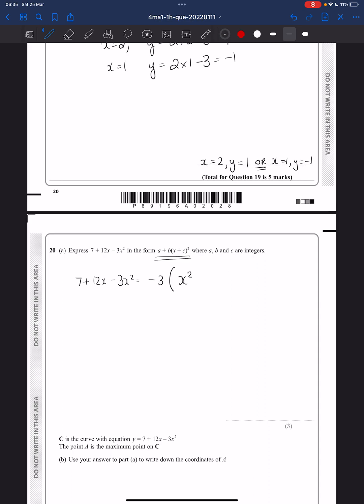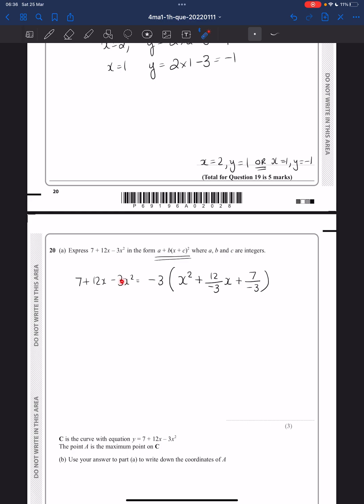Then it's x squared plus 12 divided by minus 3 x, plus 7 divided by minus 3. So I've divided each of these terms by minus 3 because I'm going to work on this and then multiply throughout at the end by minus 3.